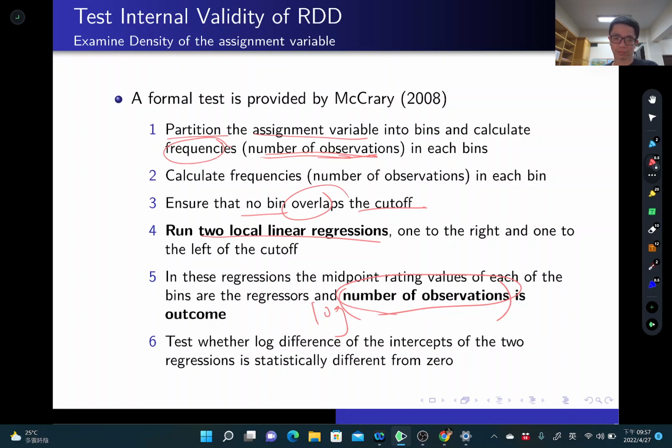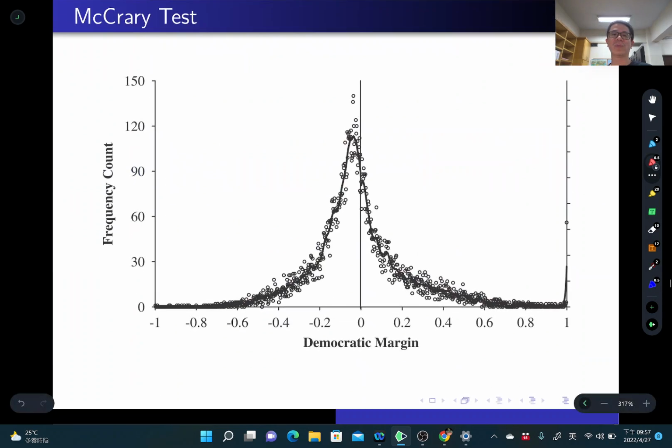You want to know whether the number of observations just above the cutoff and just below the cutoff have any significant difference or not.